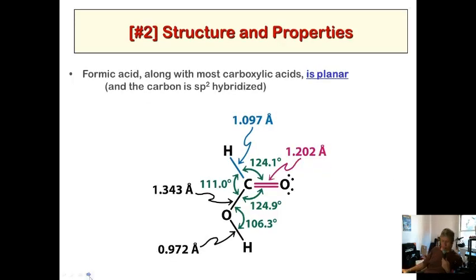The structure of carboxylic acids is planar, sp2 hybridized, pretty straightforward, roughly 120 degrees per the 3 things. The H, the double bond O, and the other O are roughly 120 degrees.